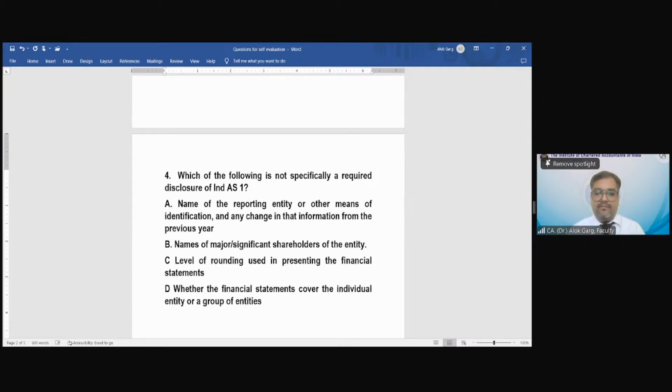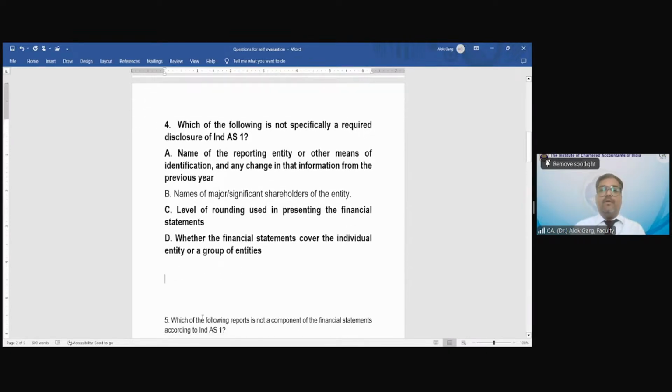Not required. Required as per Schedule 3, not required as per Ind AS 1. Level of rounding: required. Whether financial statements are individual or consolidated: required. So what is the right answer? The name of the major or significant shareholder of the entity is not a required disclosure.